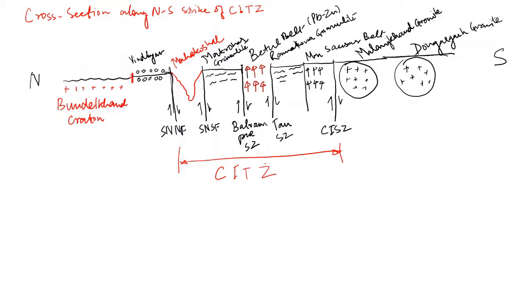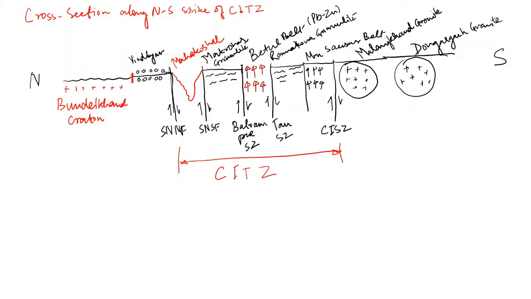Now, if we go ahead further, the portion south of the Son Narmada South Fault till the central Indian shear zone is basically an accretionary prism.